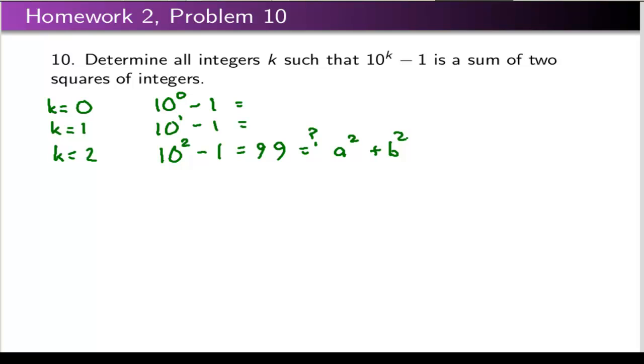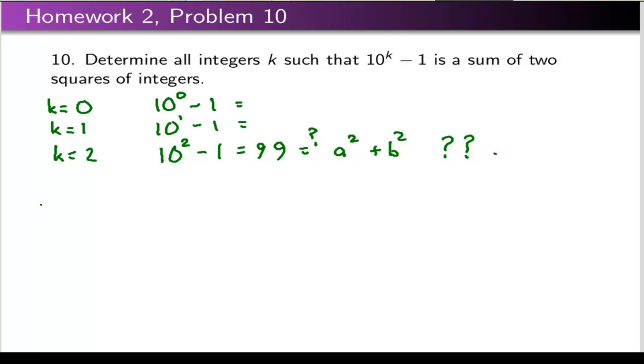And you can think about that one, whether you think you can succeed there or not. 64 plus 35, etc., etc. You can explore that. And now we want to think of some strategy. A common strategy here is to do modular arithmetic when you're exploring questions of this type.